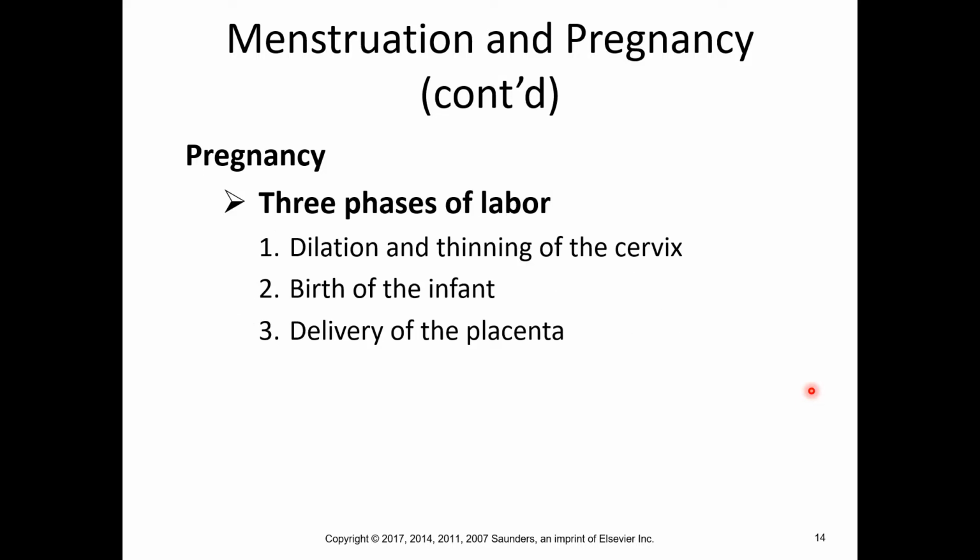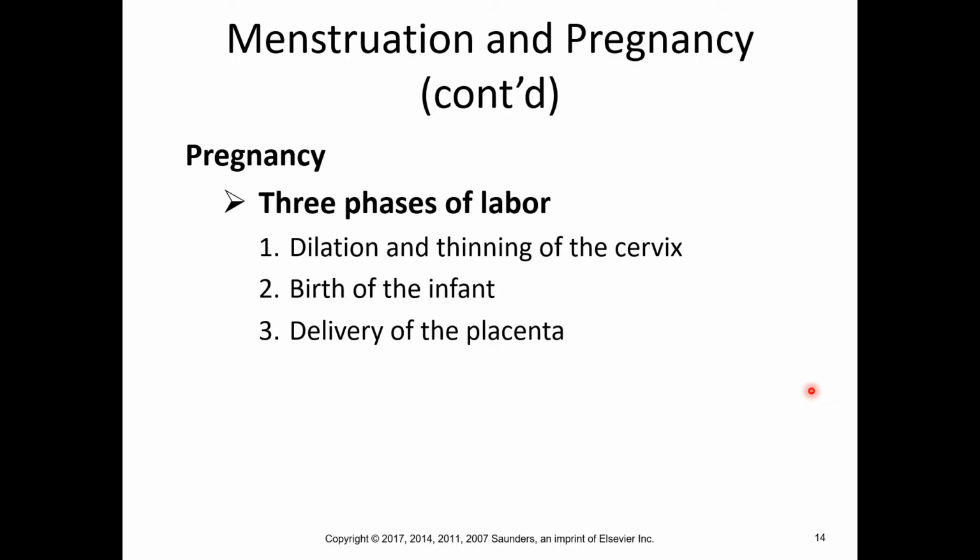So there are 3 phases to labor, and I'm making this extremely simplified, but that's okay for our purposes. Phase 1 is dilation and thinning of the cervix. The infant's head is presenting in a cephalic presentation, ideally, and that presentation and contraction of the uterus push down on the cervix, basically pulling it apart, dilating it, and thinning it out.